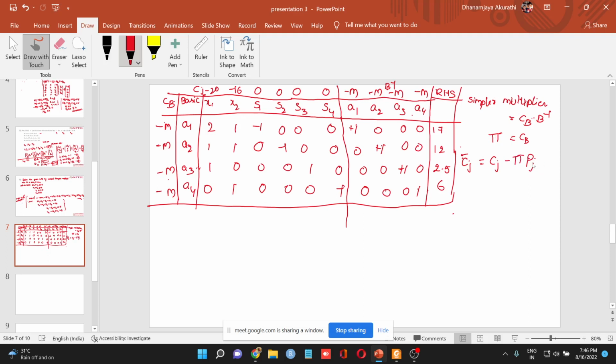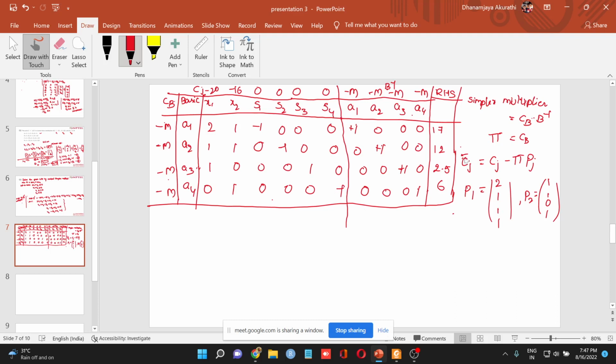Here Pj's are the column matrices involved in our decision variables, all the column matrices. So P1 is equal to 2, 1, 1, 1, and P2 is equal to 1, 1, 0, 1, and P3 is minus 1, 0, 0, 0, and so on up to P4.